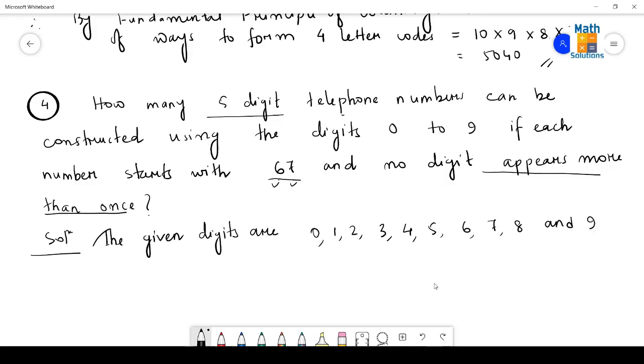So in total how many? 1, 2, 3, 4, 5, 6, 7, 8, 9, 10. We have 10 digits in our hand. So total number of digits is equal to 10.